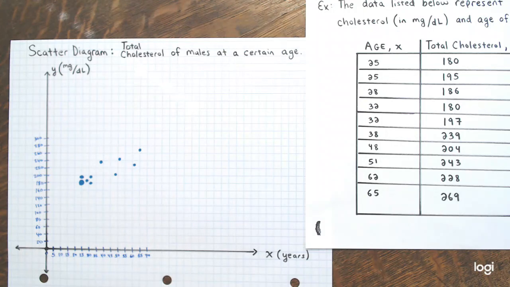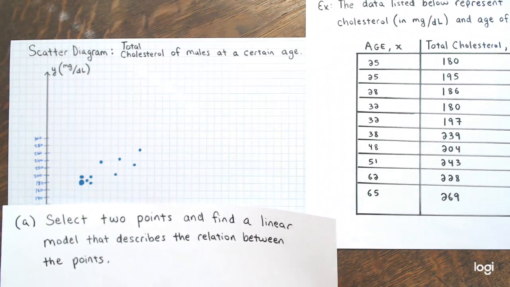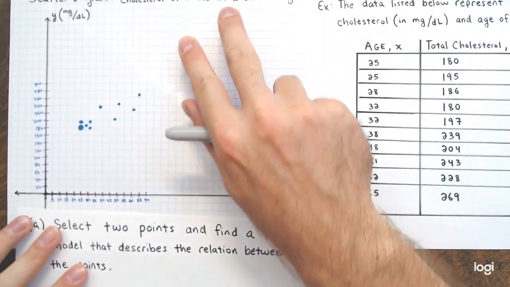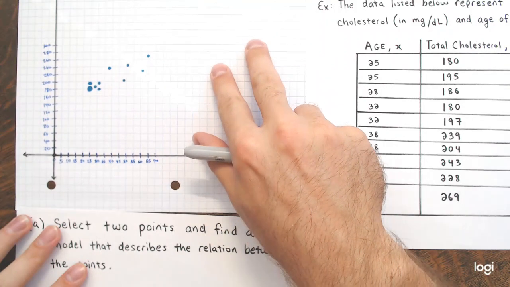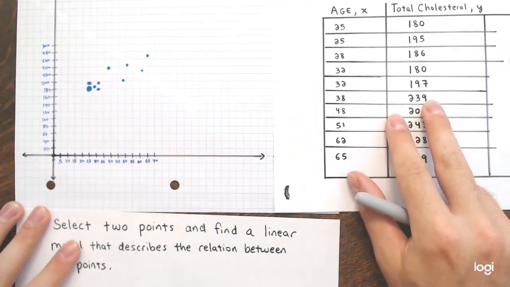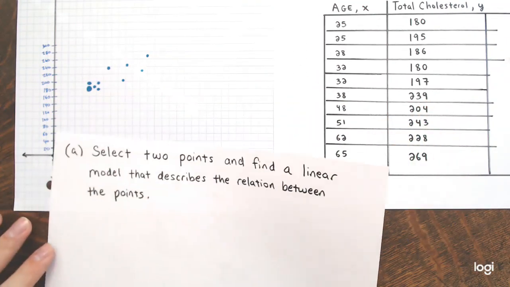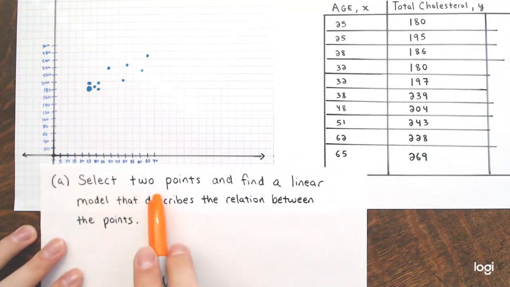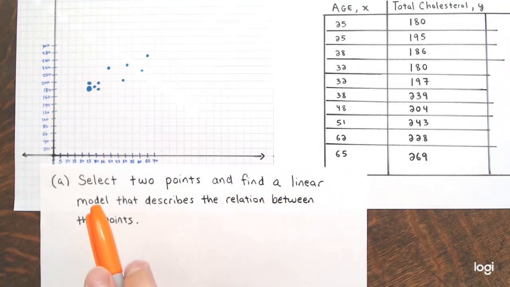Alright, so part A. The first thing I'm asked to do here is select 2 points. Let me move the scatter plot up so we can see it. So there's a scatter plot for that table. What I'm going to be doing in part A is selecting 2 points and finding a linear model, or writing a linear equation that describes the relation between the 2 points.